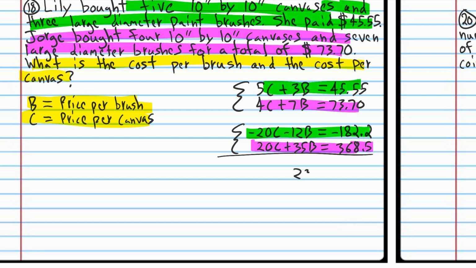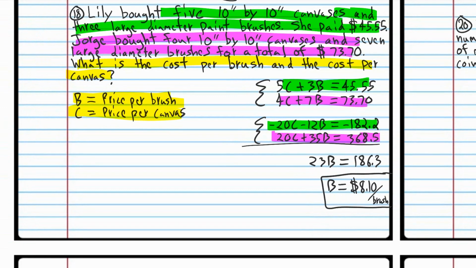And we get 23B is equal to 186.3. Divide both sides by 23 and we get 8.1. So the price per brush is $8.10.